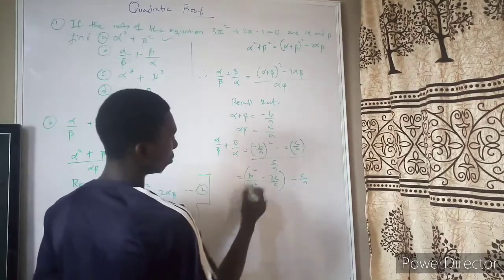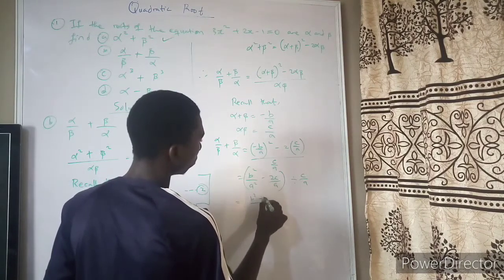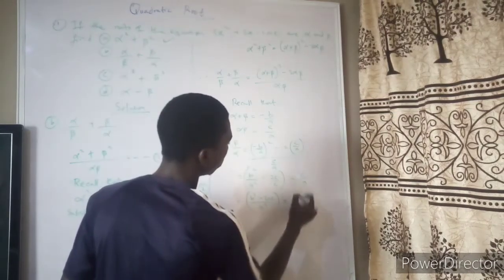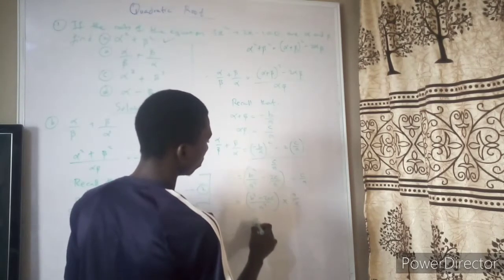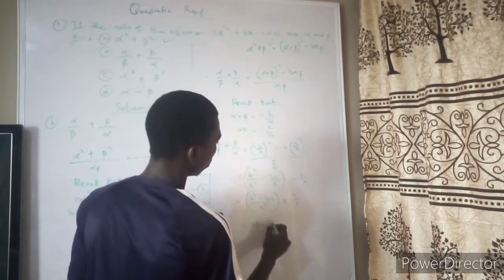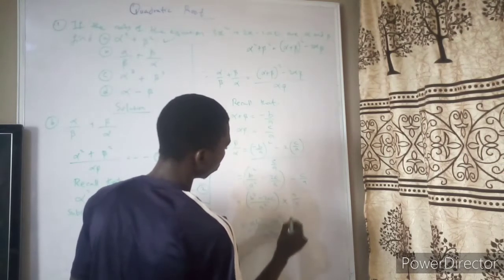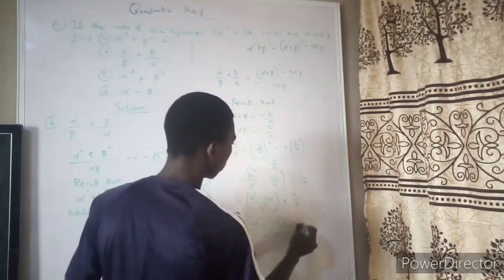So I have equals to, the LCM here is a squared, so I have b squared minus 2ac, all of this times the inverse, a over c. If we multiply it, I'll have a times b squared minus 2ac all over a squared c. I can still factorize.